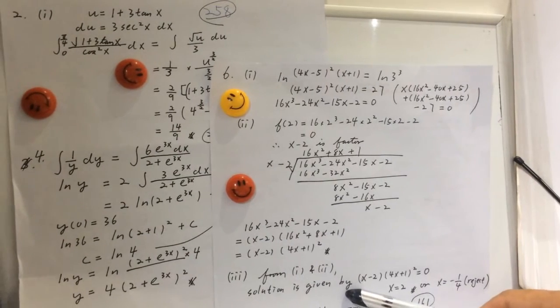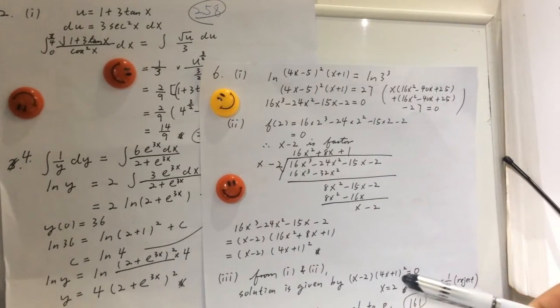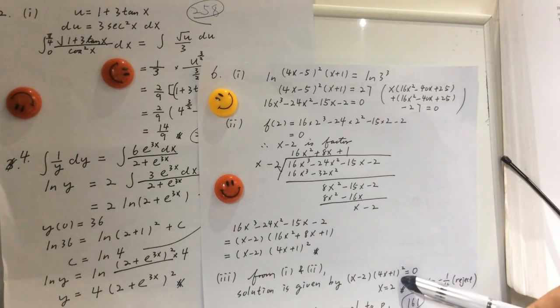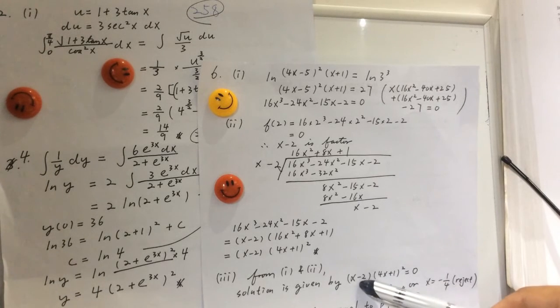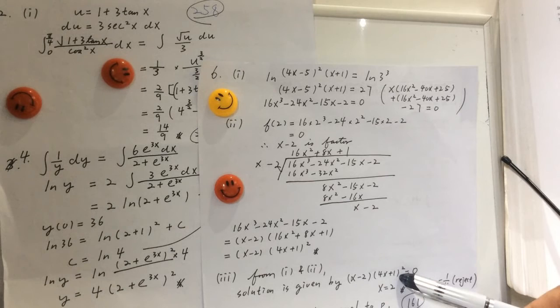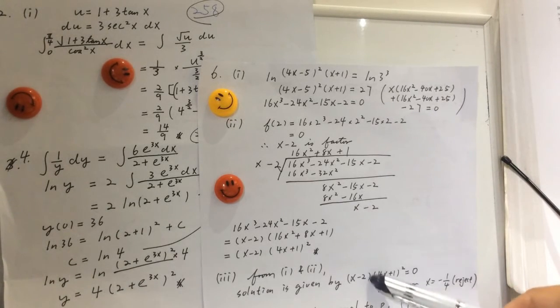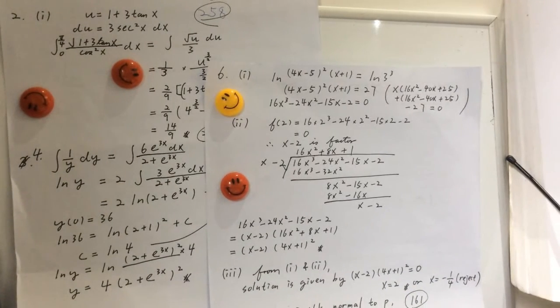From part 1 and part 2, the solution is given by this expression, because we factorize the cubic expression completely. It becomes a factor and a quadratic expression, and we can further factorize it completely. Then we are able to find two answers.